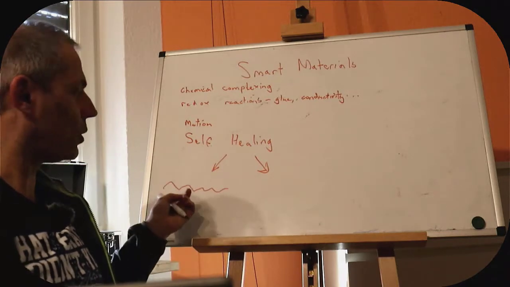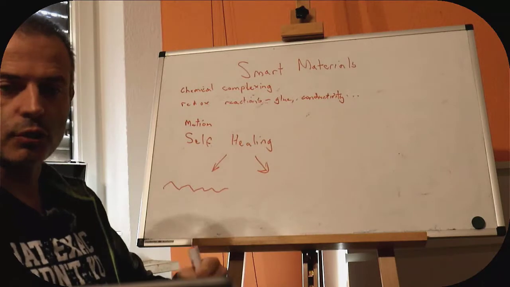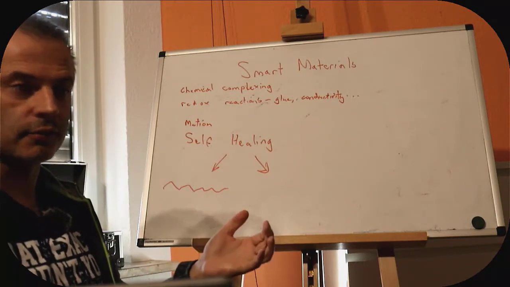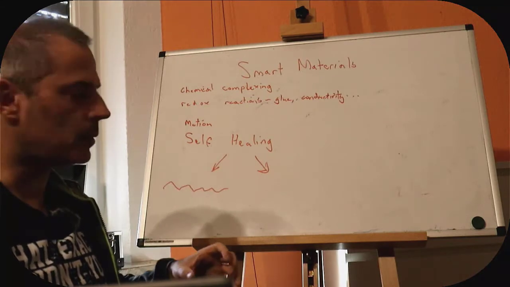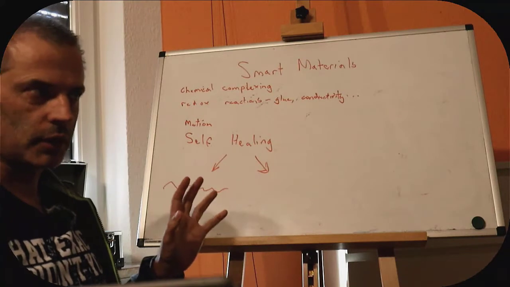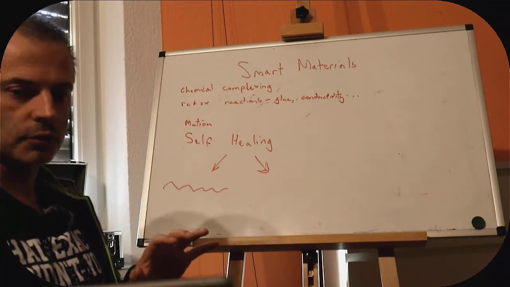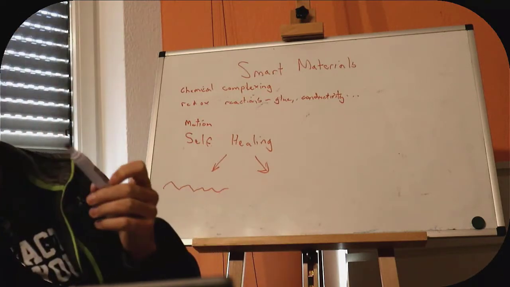So if we take a polymer, for example, a normal conventional polymer, and we stretch it and plastically deform it, which means it's broken, so we stretch it out of shape. If we warm it up very often, but not always, it can return to its original shape because the polymer chains have slipped over each other.